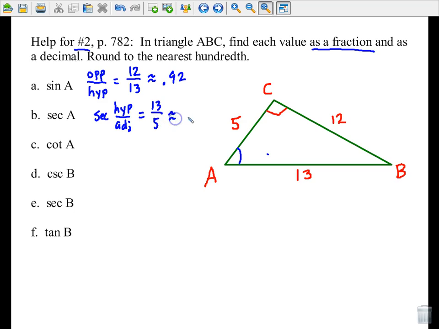And then don't forget to give me the decimal form of that. All right, let's move along. Cotangent A. Well, cotangent A is the inverse of tangent A. And tangent is opposite over adjacent. So cotangent would just be that ratio flipped over. It's adjacent over opposite.